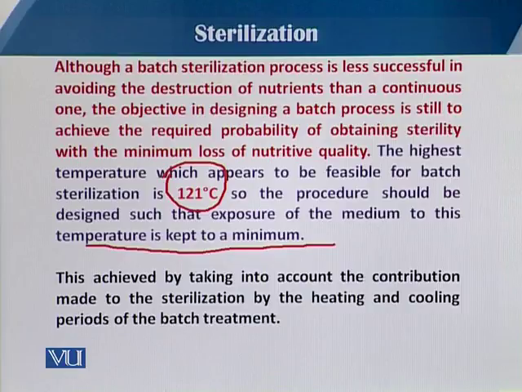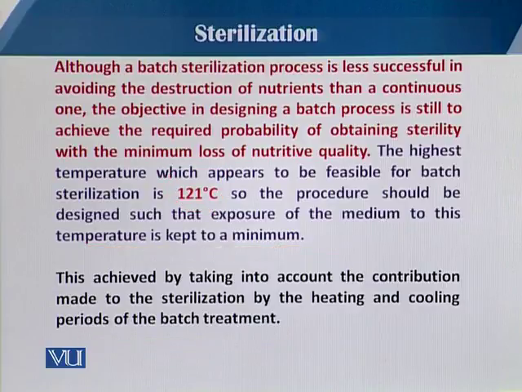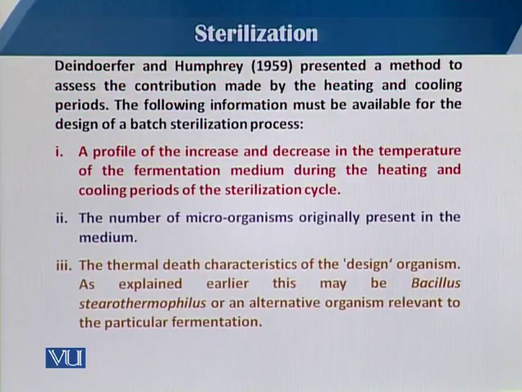So the time at this temperature in batch mode should be as short as possible. This is achieved by taking into account the contribution made to the sterilization by the heating and cooling periods in batch treatment, because batch mode requires 3 steps.